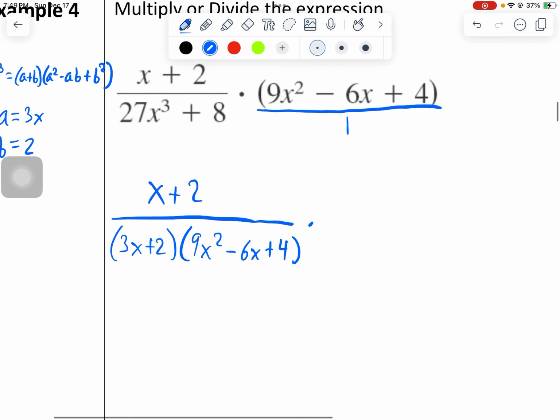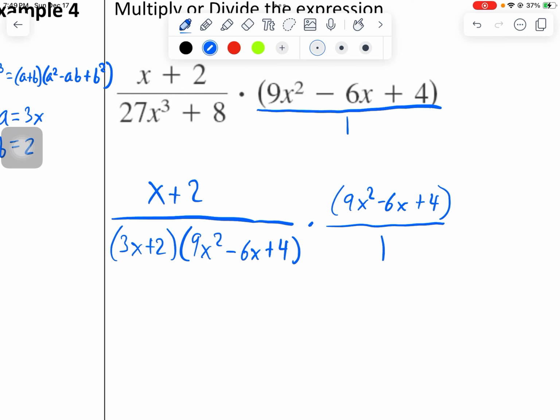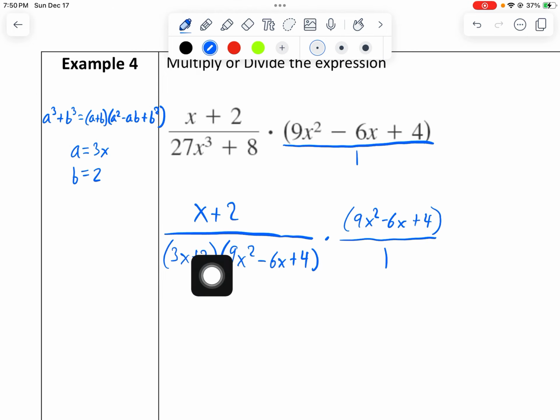And this problem was specifically designed because if we look at the other part here, 9x squared minus 6x plus 4, we could have tried to factor that and we would have failed because it's not factorable, unfortunately. But since we see that we're going to have one on the bottom, one on the top, we can just do that cross simplification and cross those out ahead of time.